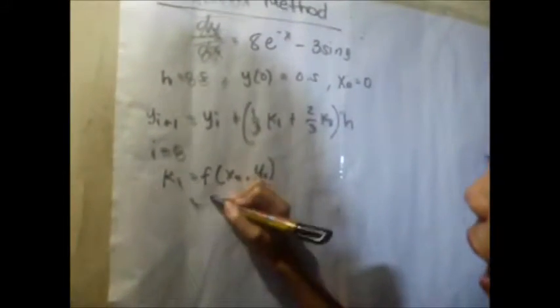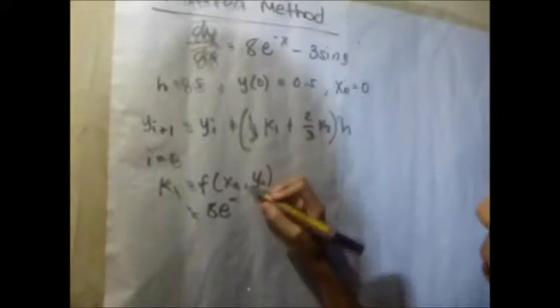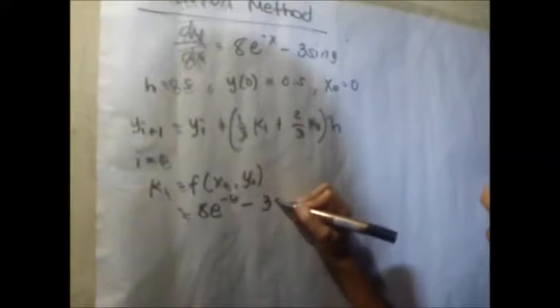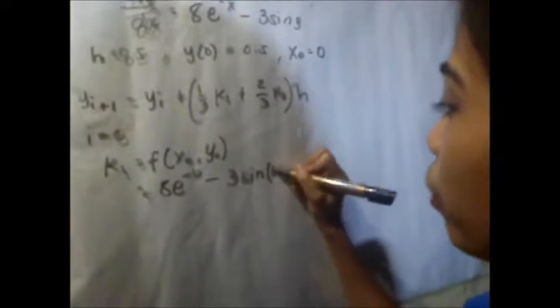So we have 8 e raised to negative 0, since x is 0, minus 3 sine, and the y is 0.5. So we have the value of 6.5617. That is for k1.